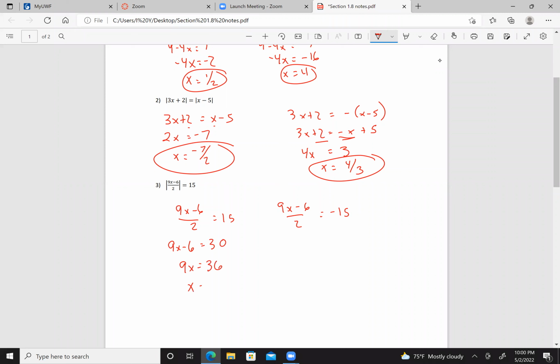Divide by 9, and we get x equals 4. Here, same thing, multiply by 2: 9x minus 6 equals negative 30. Add 6 to both sides, I get 9x equals negative 24. x equals negative 24 over 9, which is negative 8/3.